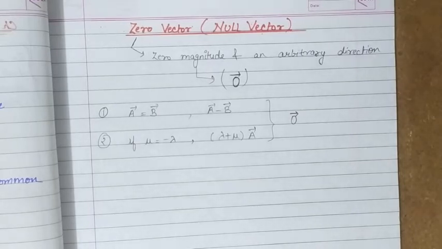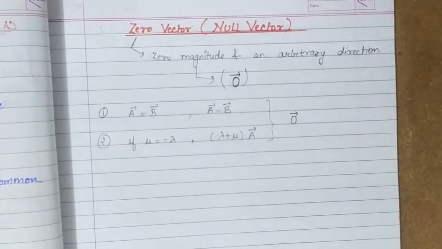Now some physical examples of zero vectors: if we have an object lying at the origin only, then the position vector of the particle will be a zero vector.